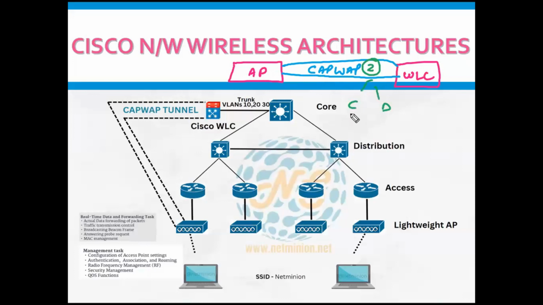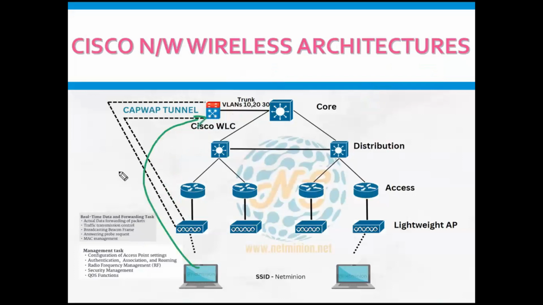The requirement is that your lightweight AP should have connectivity with the management of the WLC. The control CAPWAP tunnel is responsible for CAPWAP control messages, like when you need to do some kind of configuration. The data tunnel is responsible for data packets.